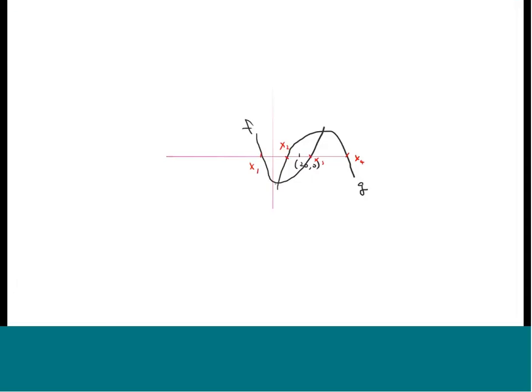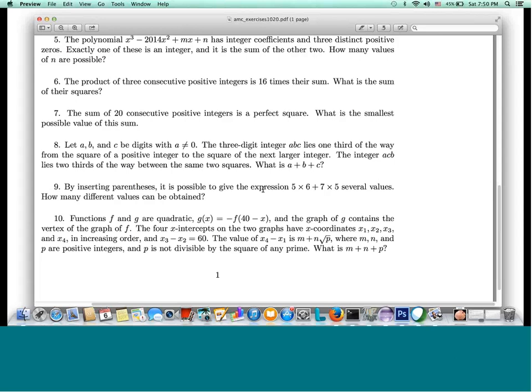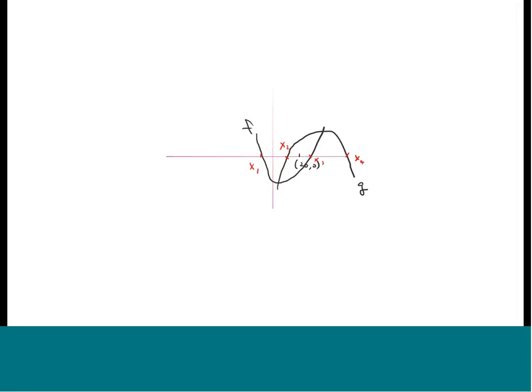So you can flip it top and bottom. Open up, open down is not really a big deal. So x3 minus x2 is 60, which means it's 30 around. So x3 actually is 50. x2 actually is minus 10, right?